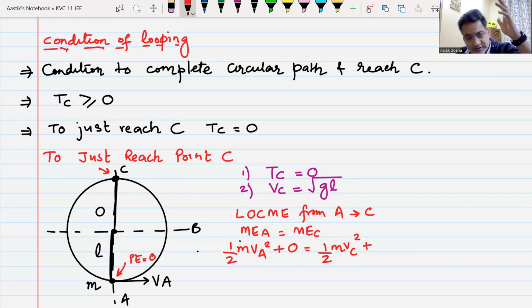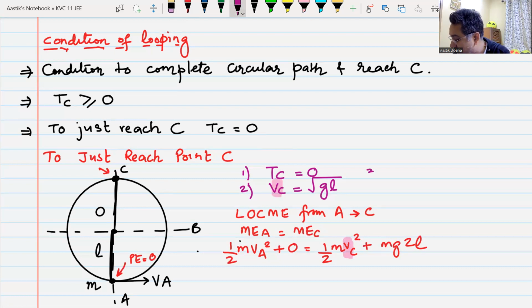So highest point. Anyone remembers what will be the energy at the highest point? Yes, 2 mgL, because it is 2L above. Chalo, we remember it. mg into 2L. Now, once you put the value of velocity at point C from here, you will get the velocity at point A. I will leave the calculation for you.